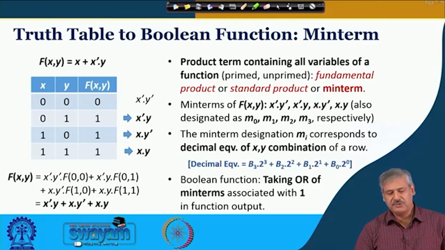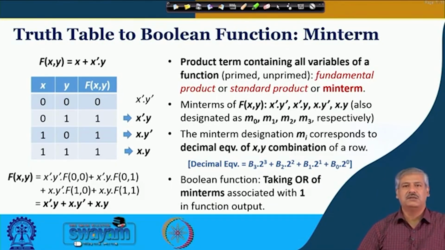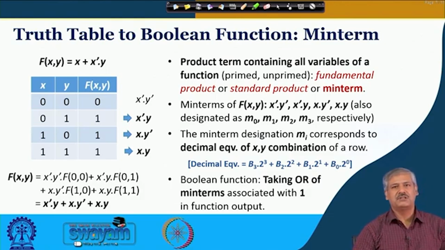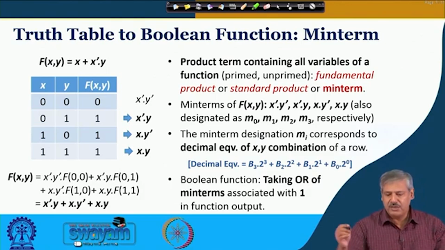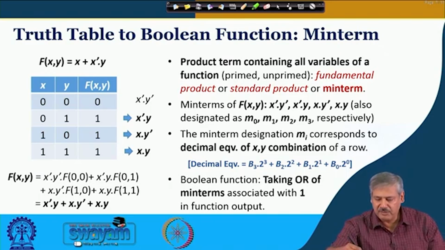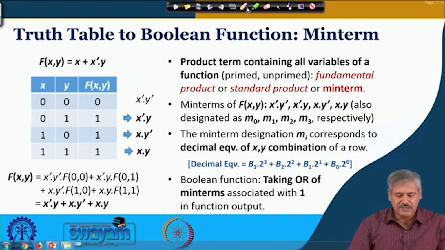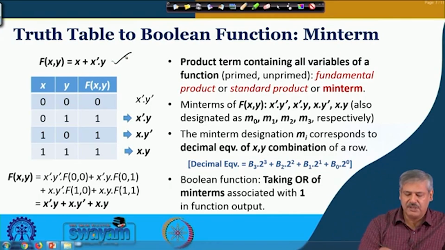So, the last class we ended with the nested version of Shannon's expansion theorem, and we arrived at, for a two variable problem, an expression f, x plus y. We just took this as an example.